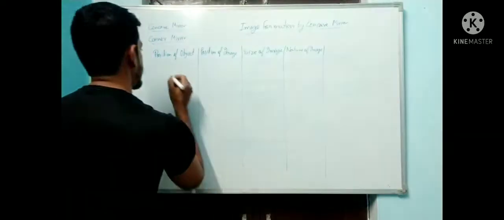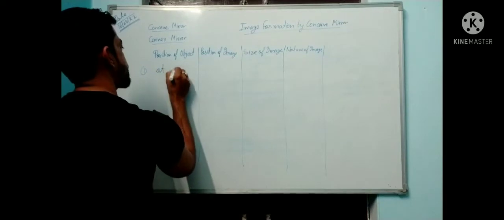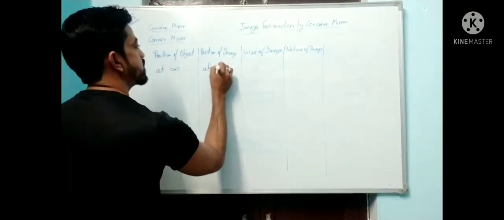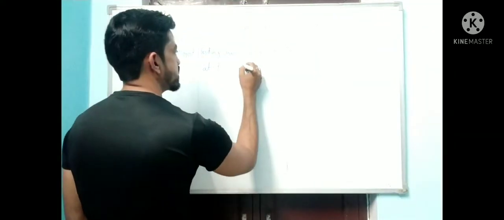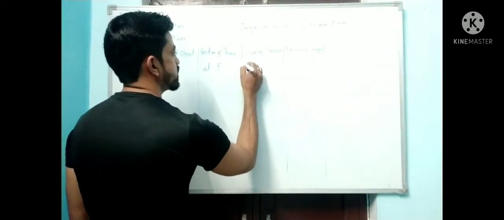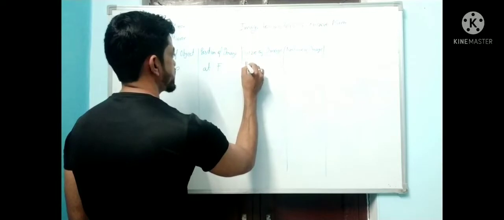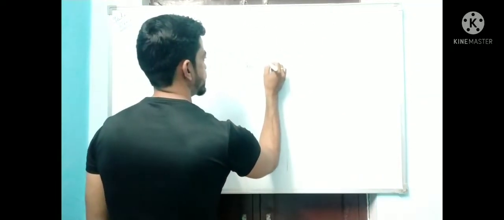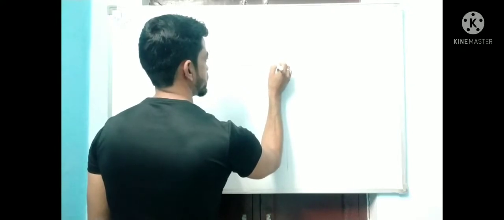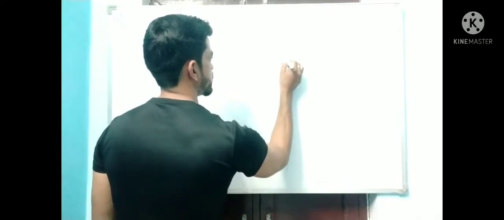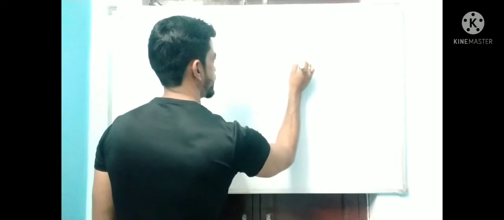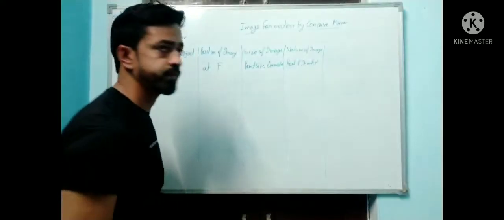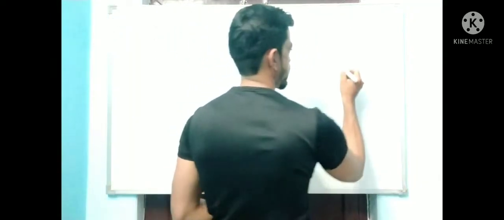So let's write it: at infinity, position of image is at focus, size of image is very diminished or point size, and nature of image is real and inverted.